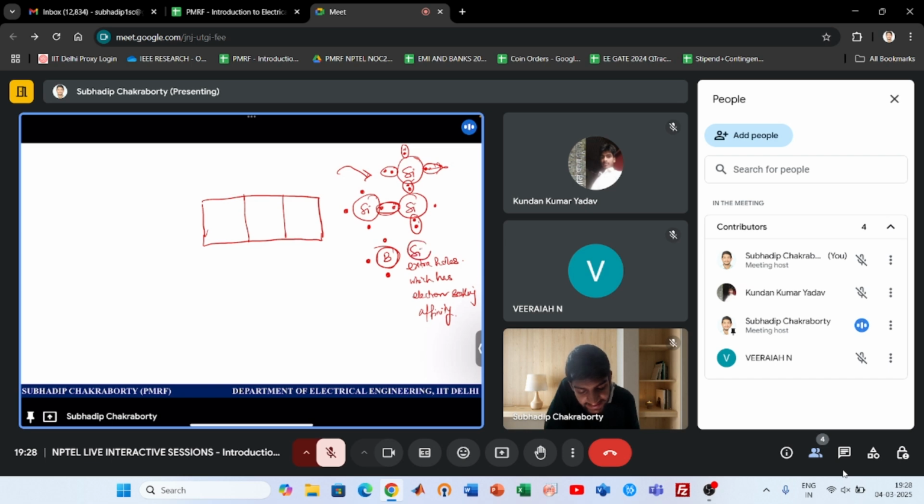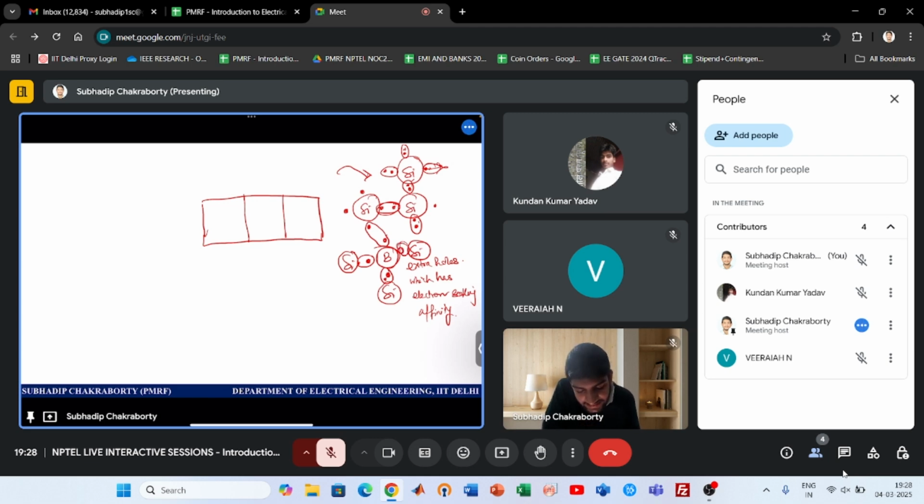Now it sits beside one silicon, and there is silicon on top also. So it will start forming bonds with the other silicons. But here it cannot do anything.